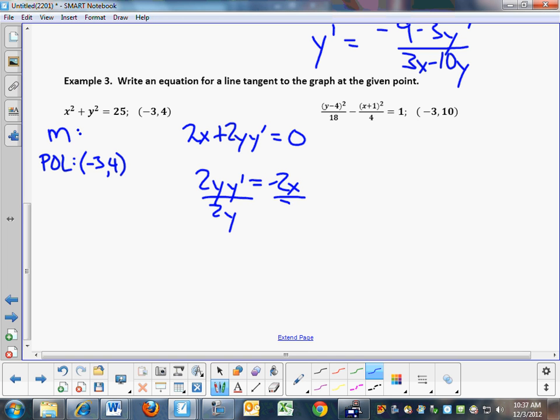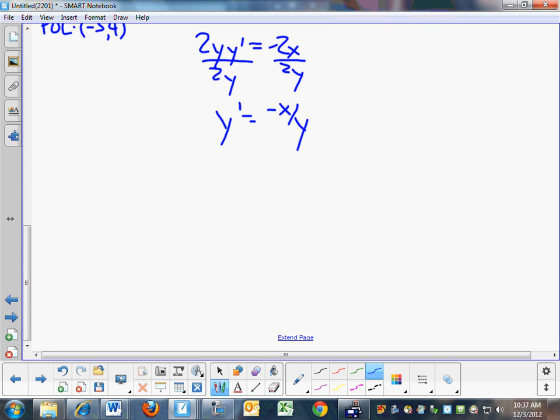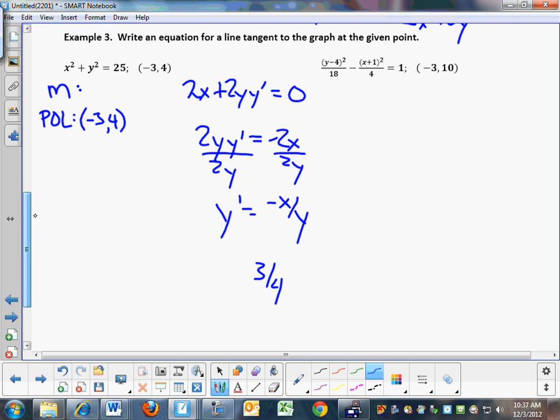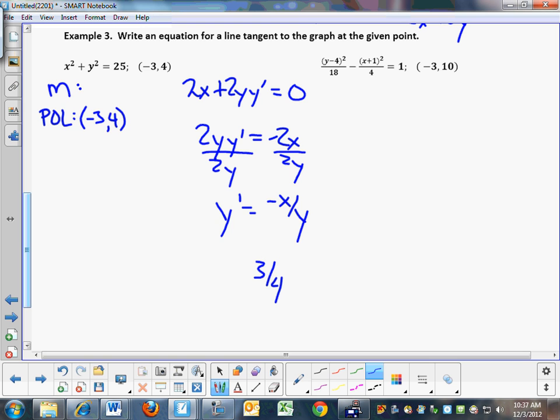Divide by 2y, y prime is equal to -x over y. So that means that the derivative of y with respect to x is -x over y. So I plug in my point. If I plug in -3, 4, I get what? 3/4. The derivative of 25 is 0.